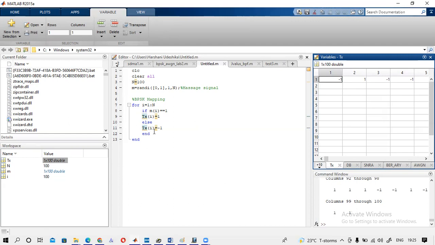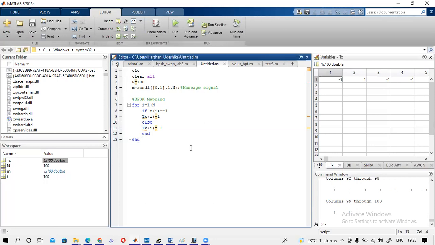Okay, so now we are transmitting this signal. What happens when we are transmitting the signal? Noise can be added to the transmitted signal.